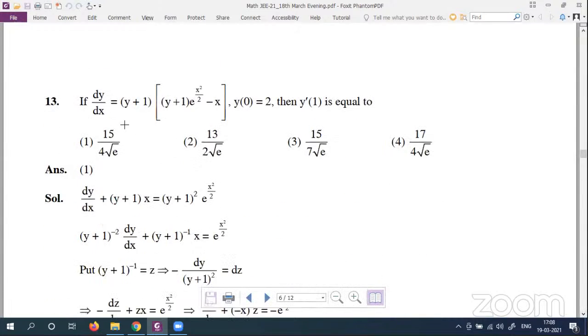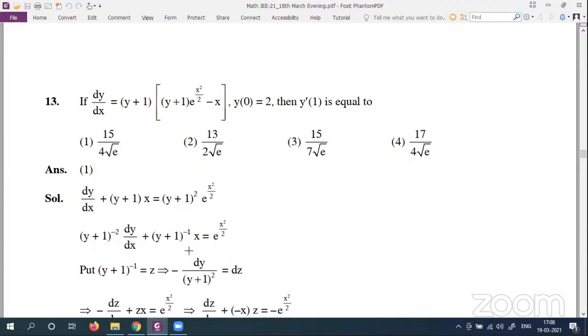Next, dy by dx is given and the value of y of 0 is given as 2. Then we need to find y dash of 1. So bring this x term to this side. Now divide by y plus 1 whole square on both the sides.